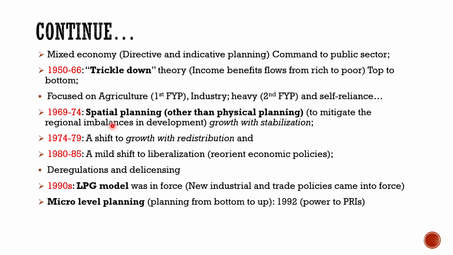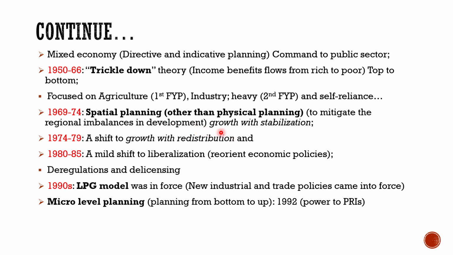This spatial means is relating to a space other than physical planning. What does physical planning mean? The physical planning is that where targets or objectives are fixed in terms of real physical resources, like availability of natural, human resources, raw materials, and capital resources. And what it was all about is to mitigate the regional imbalances in the development.